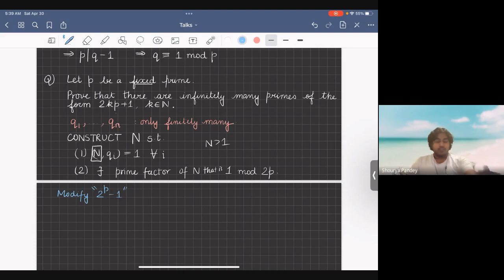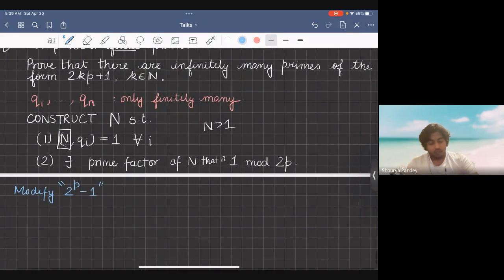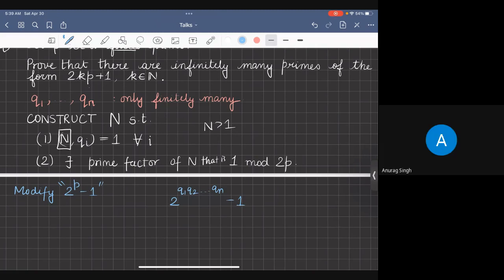You're saying you're taking 2 to the q1 q2 up to qn minus 1. Do you want to look at this? Like, q1, q2, n minus 1 will not be 1 mod p.